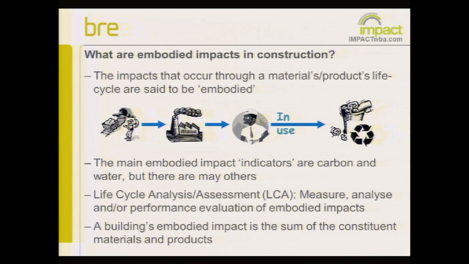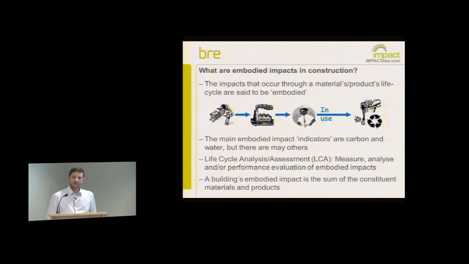There's transport in between each one, and then when it comes to fabrication and processing and assembly, there's more emissions that occur there. And then the products are transported to the site, they're installed, which has impacts again. During the life of the building, there's the need for maintenance, more products have to be put into the building during its life, there's impacts associated with that. And then at the end of the life of the building, all of the products and materials have to be disposed of or recycled somehow. So again, more emissions, more impacts.